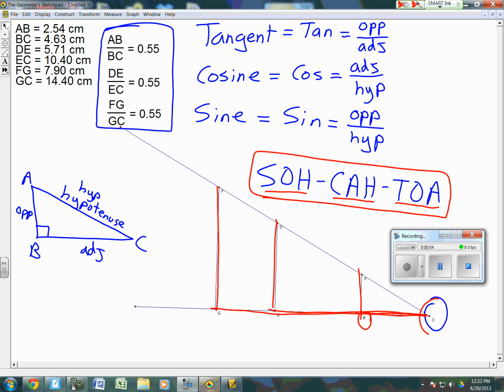Well, if C is my reference angle, each one of these is opposite over adjacent, right? Opposite over adjacent, opposite over adjacent. So all three of these right up here are tangents. Do you see that? How would I go about getting maybe a cosine?